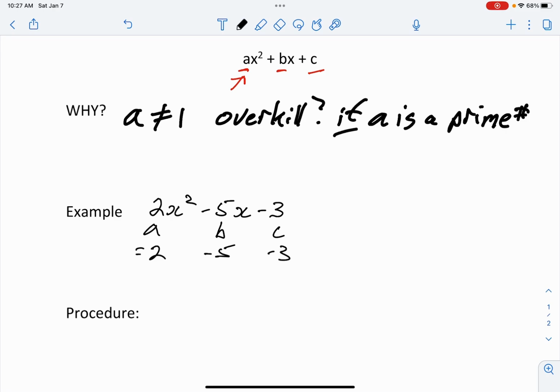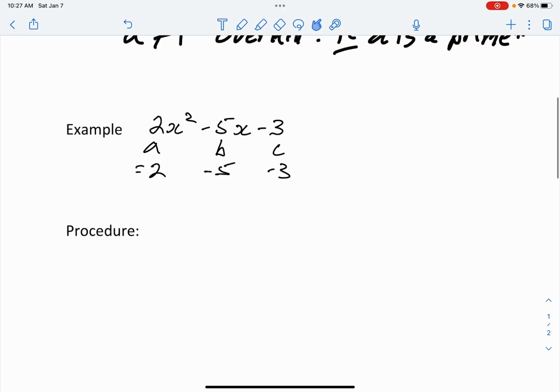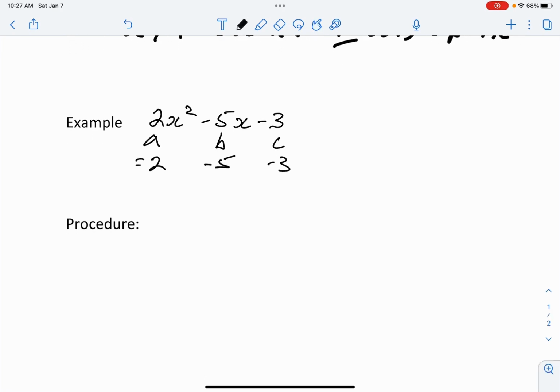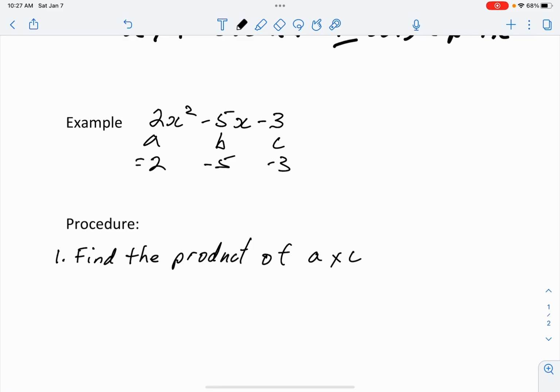So the procedure is going to be, first of all, number 1: find the product of A times C, right? So let's fill that in. That's 2 times minus 3 equals minus 6, okay?